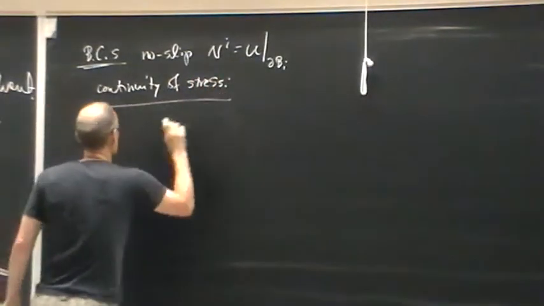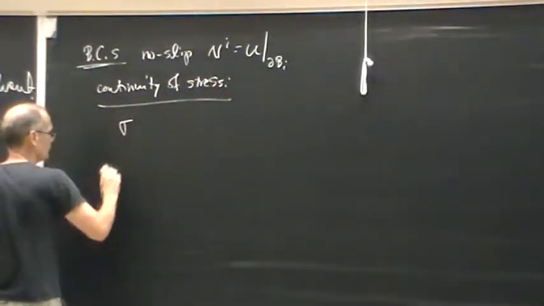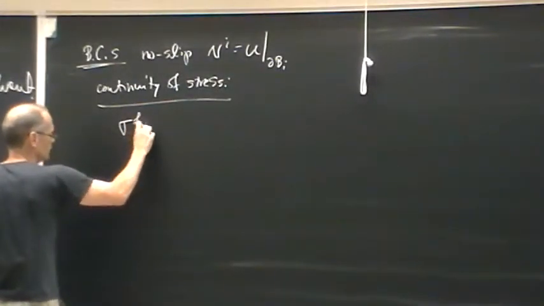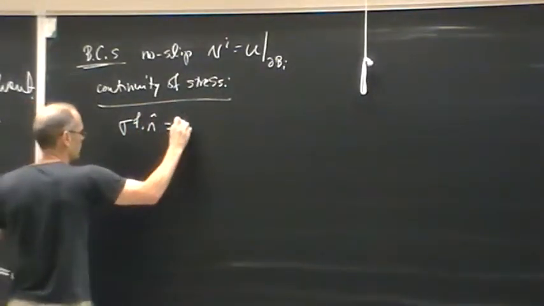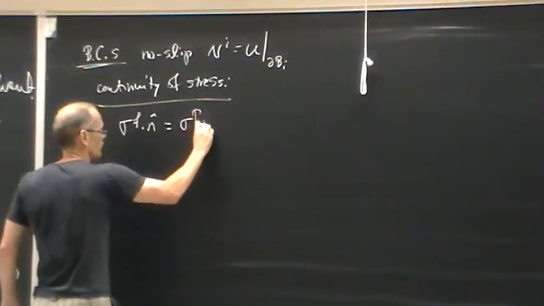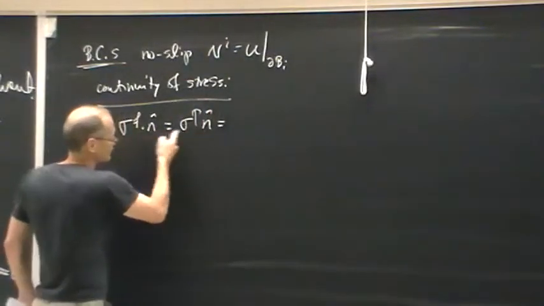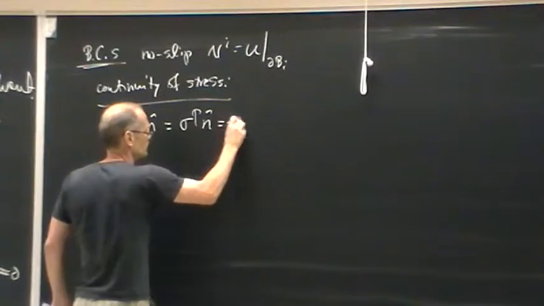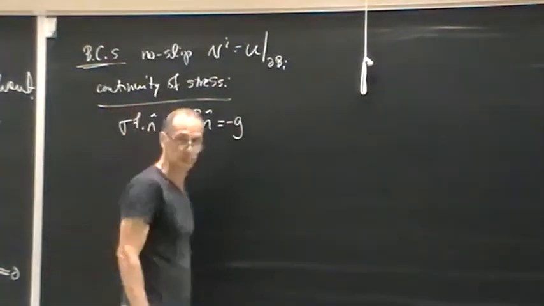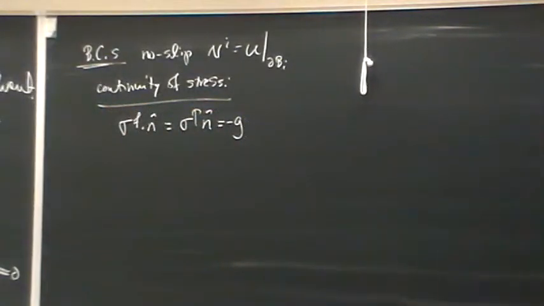So what that means is that the surface stress of the fluid, sigma F, is equal to the particle stress. And by a sign convention on the normal, that's equal to minus G. Okay? So G is a surface stress. In this case, it's given by the internal stress tensor or the fluid stress tensor under a continuity condition.